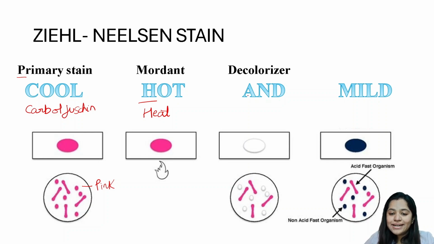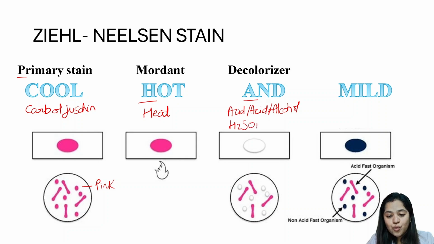Then comes your decolorizer. Decolorizer either will be acid or acid alcohol. Now it is acid and alcohol. It's a combination. Okay. Now it is very important for you to know which acid, that is H2SO4. Now when you are adding the decolorizer, what is happening? Regular bacteria will lose its color, but not your acid fast. Why?